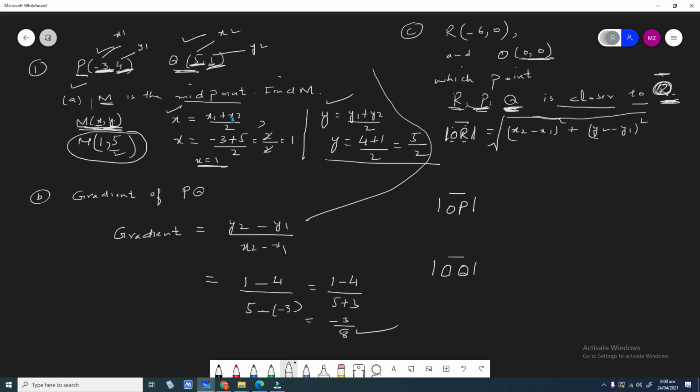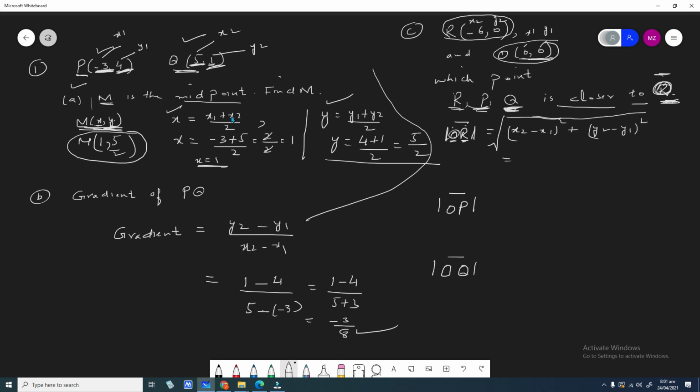Here the points are O and R. O is this one, and R is this one. In OR, the first 0 is x1 and the second 0 is y1, and for R, -6 is x2 and 0 is y2. Now we need to put these values here.